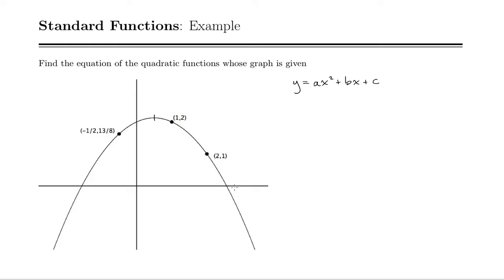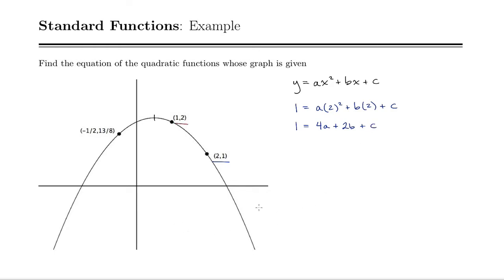And we're just going to plug in these 3 points and see if we can solve for a, b, and c. So we'll start with this point here, the 2, 1 point. So that's 1 equals a times 2 squared plus b times 2 plus c, or 1 equals 4a plus 2b plus c.